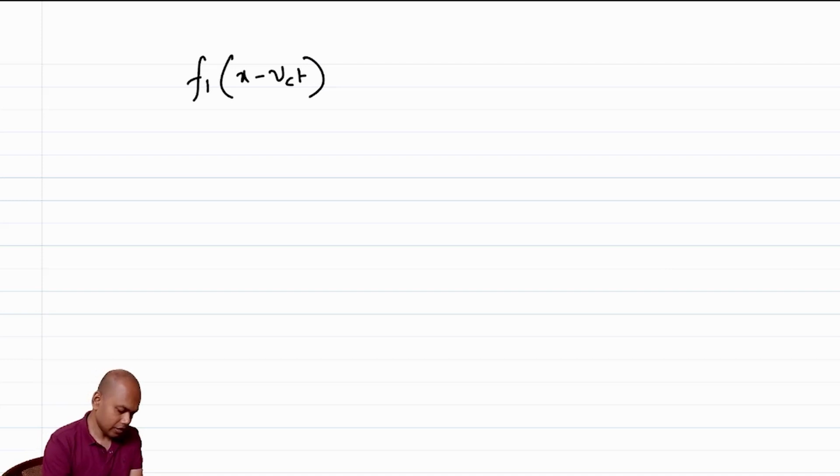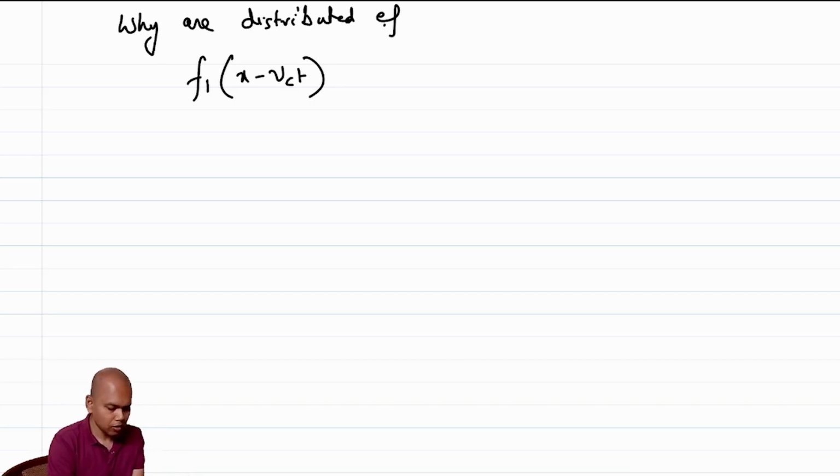The question is, why are distributed effects not visible in, within quotes, small dimensions?